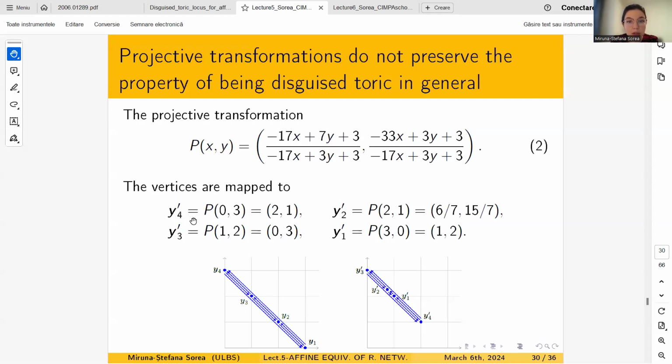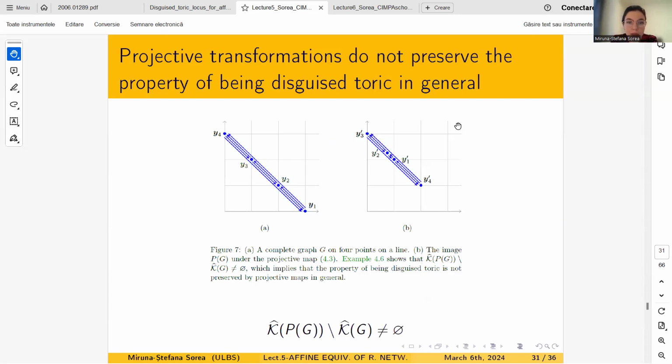Applying this map, direct computation gives us the new vertices. You see that it's interesting, they change a bit their respective positions. y1 comes here in this position, and y4 arrives on the right hand side here at the bottom. Of course, collinearity is preserved, and we get P of G, where P is this.